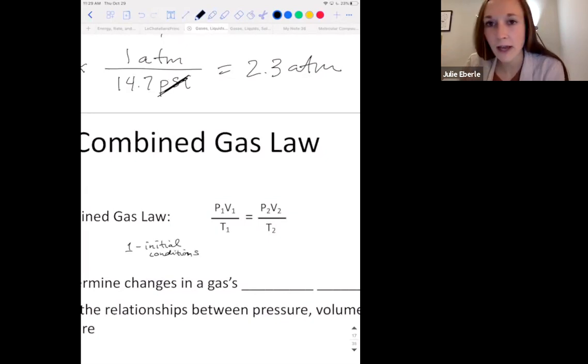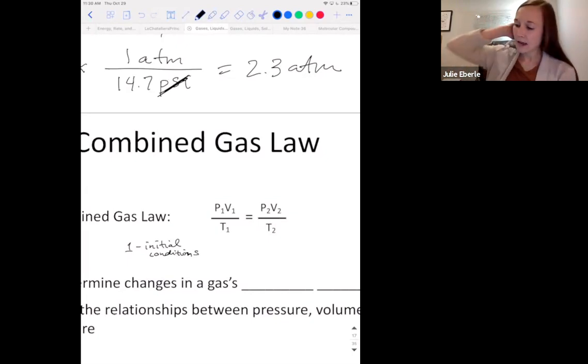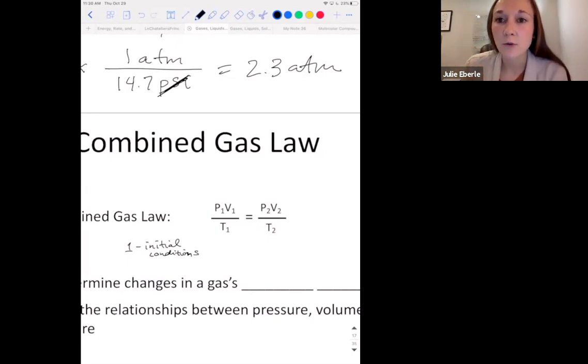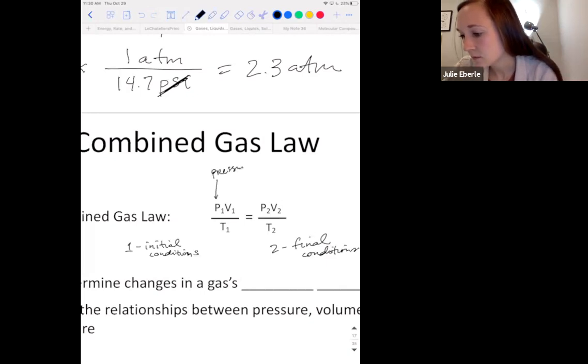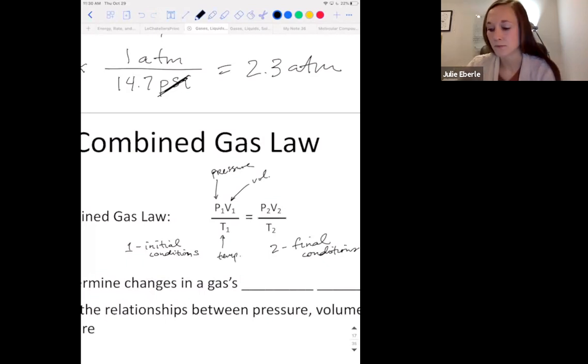Okay, so this means we have some gas at some initial set of conditions, a certain volume, a certain pressure, a certain temperature. And what they found is that if you change one of those variables and you have a different set of conditions, there's a way that they're equal. And so that's what the 2 means. The 2 just means the final conditions. Okay. And then P stands for pressure. V stands for volume. And then T is the temperature on both sides. Okay.